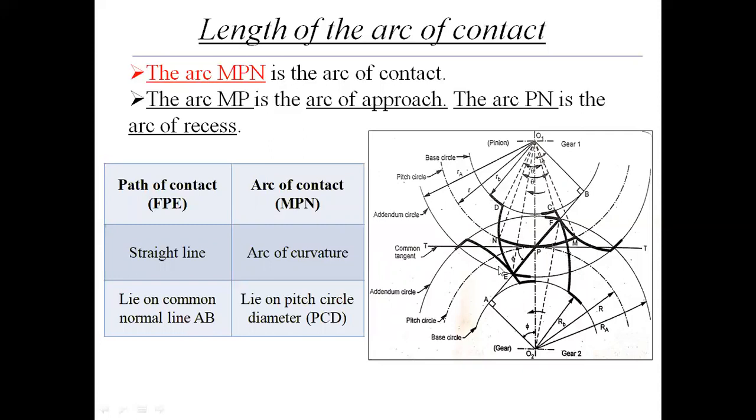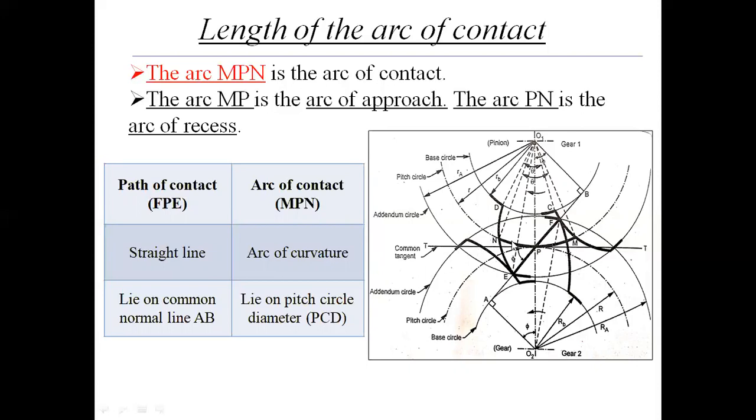So the arc generated by point M up to point N, which is on the pitch circle, is very important. That arc is called the arc of contact.